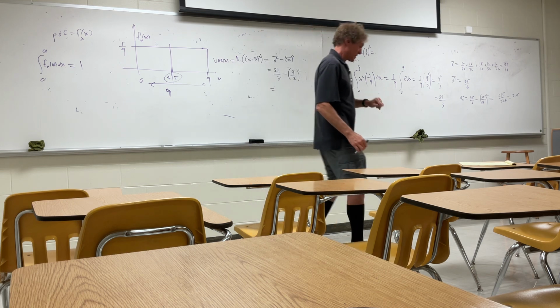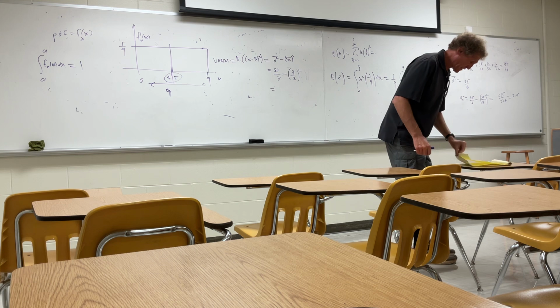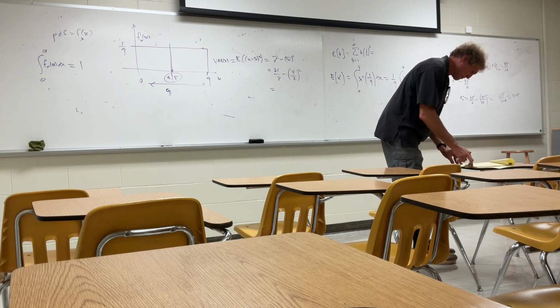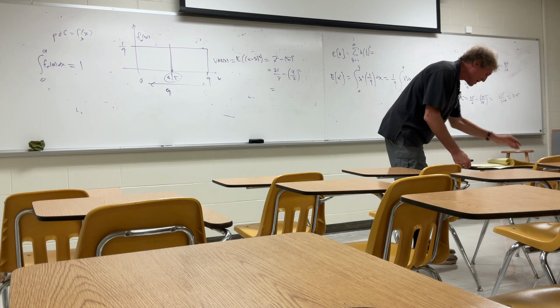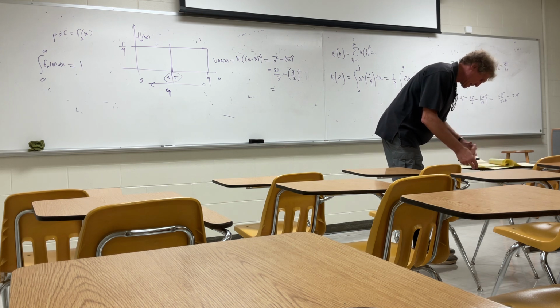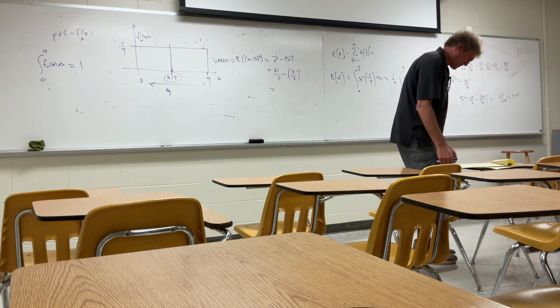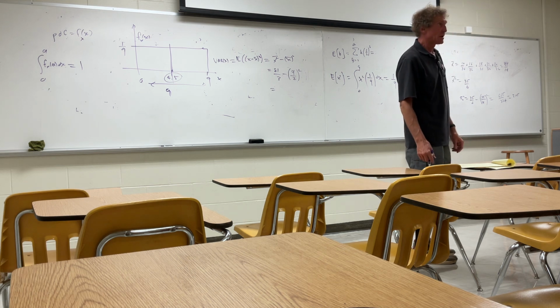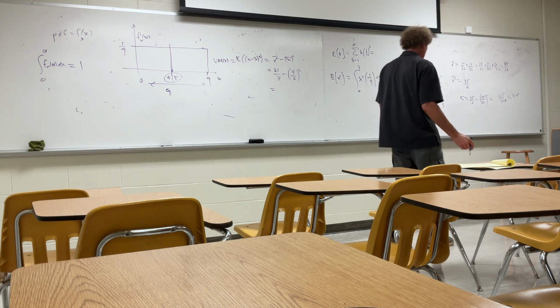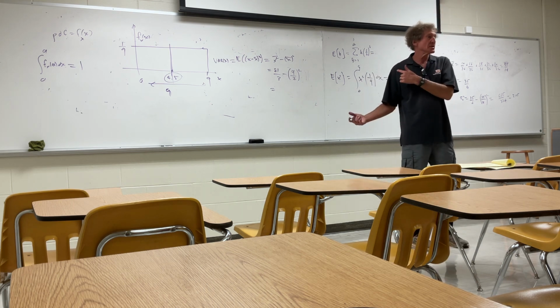Now, I have 2 other things to say. I'm not going to do these examples. I've got a bunch of them. There's 3 things. He talks about the mean, the mode, and the median value. Do you remember that? So the mean value is the same thing we just did.